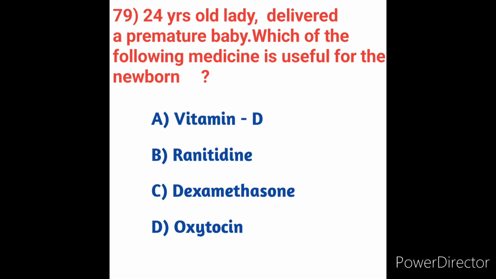Dexamethasone helps to relieve swelling, redness, itching and allergic reactions. So here dexamethasone is the correct answer. What is dexamethasone? Dexamethasone is a corticosteroid. It works on the immune system of the newborns. So here the medicine useful for the preterm newborn baby is dexamethasone. Option C is the correct answer.